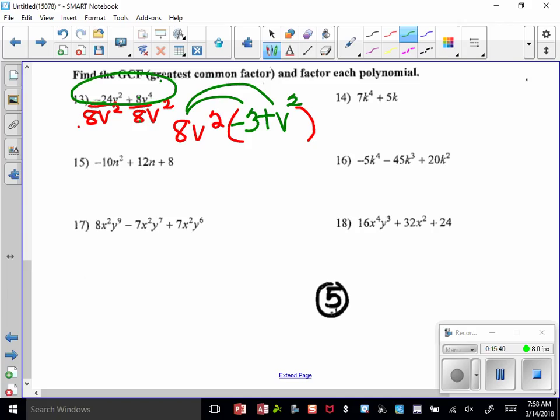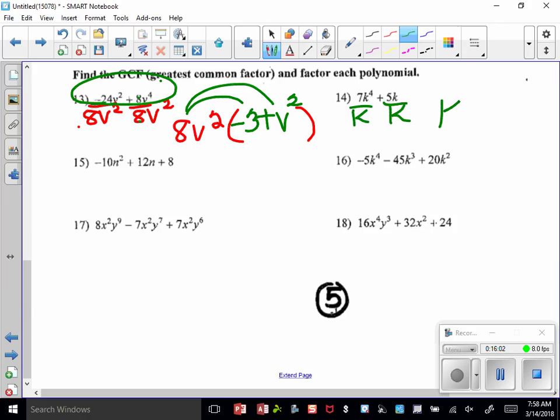Now they don't have any numbers in common because 7 and 5 are both prime numbers, so they don't have any common factors. But they do have a common factor for the k. What would it be? Is it k to the 4th or k to the 1st? You always choose the smaller one. It'll just be k.